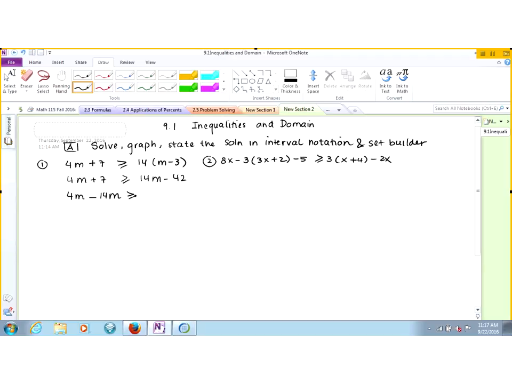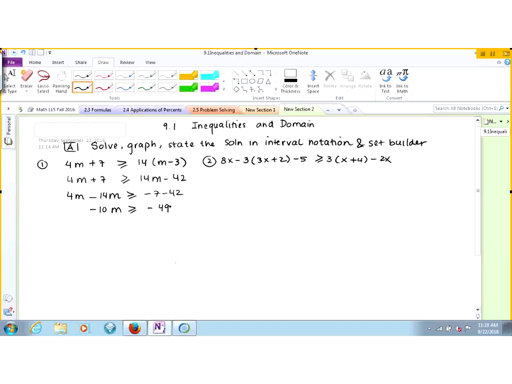Remember to switch the sign, to use the opposite. Now, I need to bring 7 to the other side, so this is plus 7. What is it going to be on the other side? Yeah. So the signs are the opposite. So negative 10m is greater than or equal to negative 49.